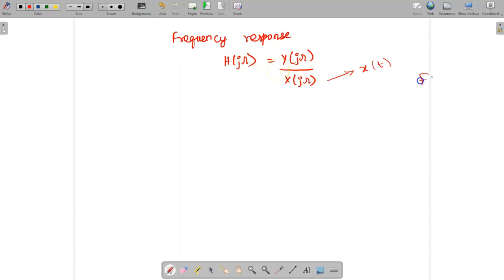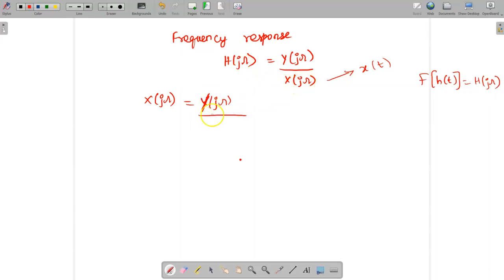That is, the Fourier transform of h(t) is H(jω), and H(jω) is given by Y(jω) divided by X(jω). In the problem they have given H(jω), and also Y(jω) can be obtained. So let us determine X(jω) from the formula.